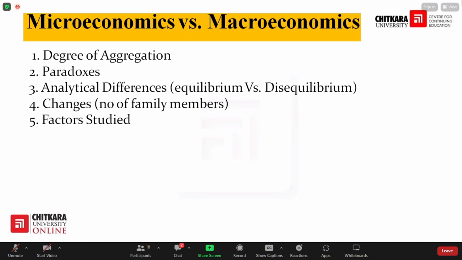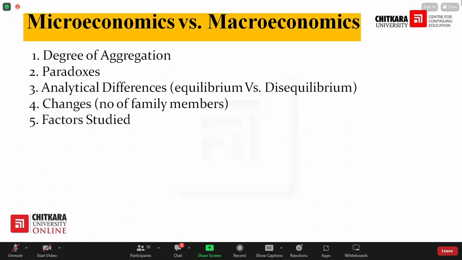This changes point says that sometimes on the micro part, the changes are taking place in the economy, but on the macro part, the changes are not taking place. Generally, if at the micro part the changes are taking place, definitely the changes will take place at the macro part. Because if one individual's income is increasing, definitely the total national income will increase. If one individual customer's demand is increasing, definitely it will affect the aggregate demand. But in some cases, sometimes it is not possible.